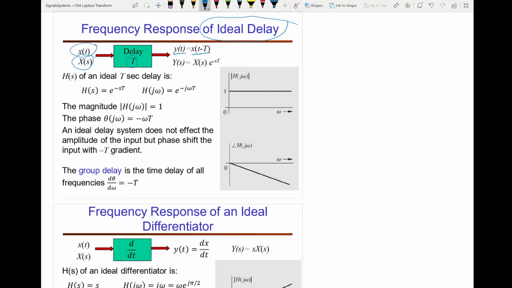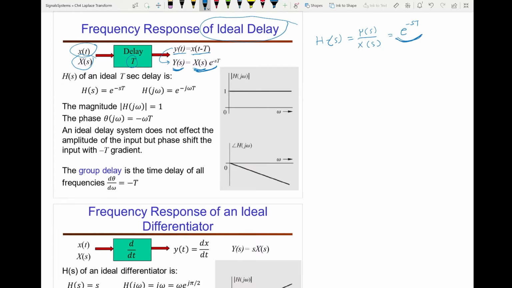If I find the Laplace transform of this one using the time delay property, then the output y of s will be this. Now, if I want to find h of s, the transfer function, which is y of s over x of s, then from here, if I divide both sides by x of s, I will get e to the minus sT. And this is the transfer function of a delay system.